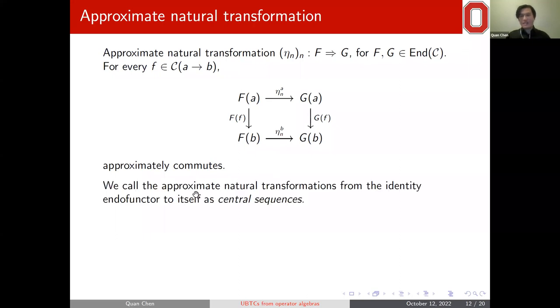And we call the approximate natural transformation from the identity endofunctor to itself the central sequence. This name is from operator algebra, but maybe for now it's just a name. And then one may think about whether the endofunctors together with approximate transformations can form a tensor category, because we already see that endofunctors with natural transformations form a tensor category.